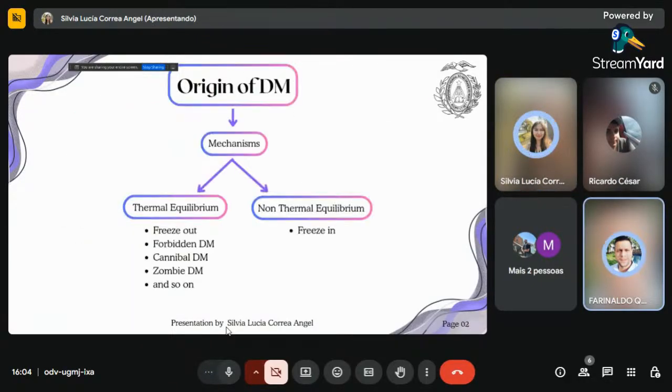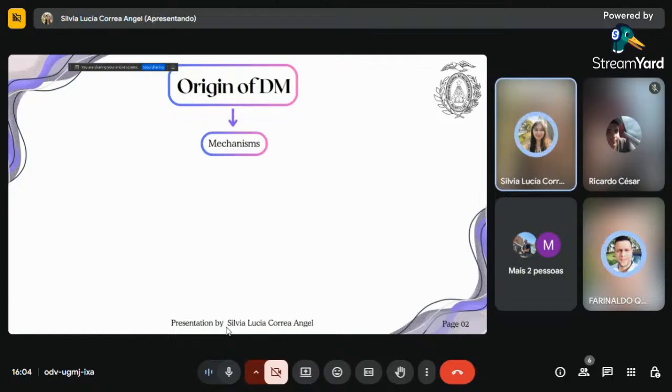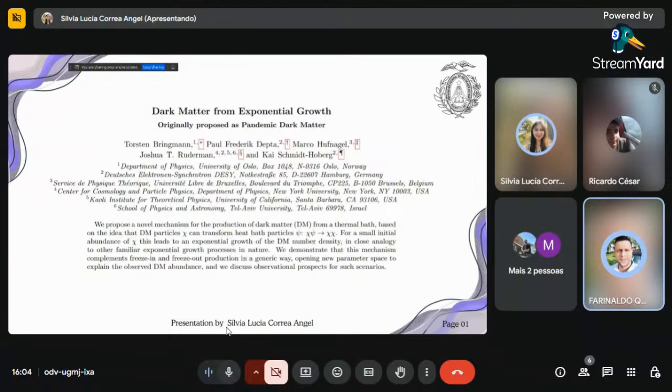So that's a very interesting subject. It's really a pandemic dark matter, because it interacts with something and makes this standard model particle become dark matter. But in the paper, they do not tell us what type of standard model particles will interact with dark matter.